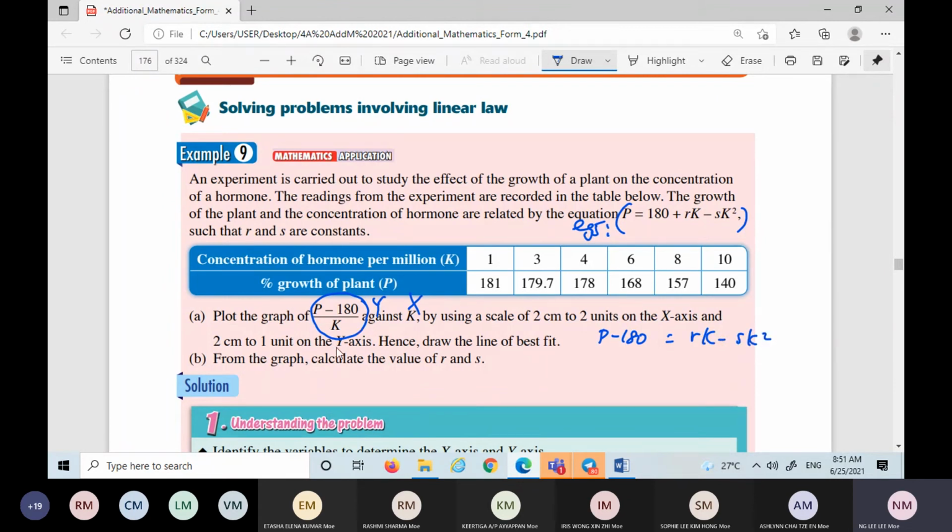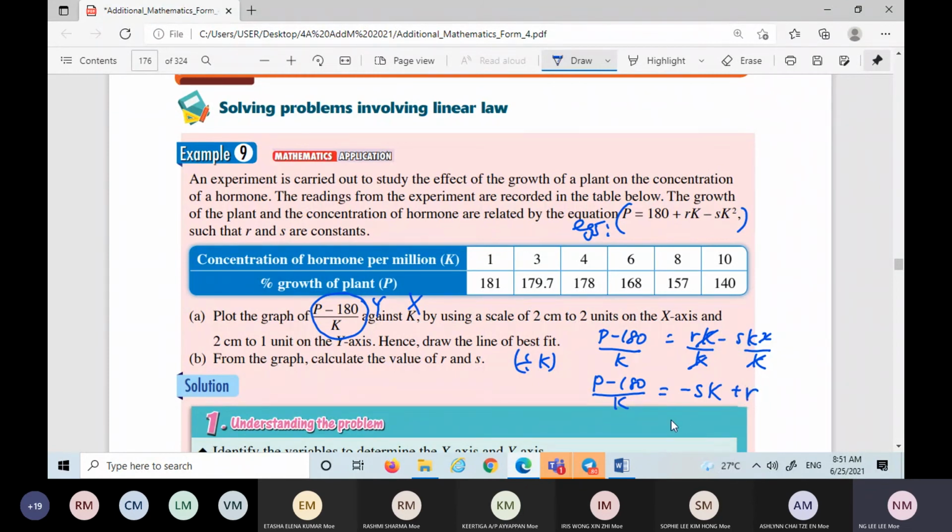After that divide by K, so divide every term by K. So divide by K, divide by K, divide by K. So I'm ready with my capital letter Y. Since the K and the K is here, I try to move this term first, then only continue with this term.